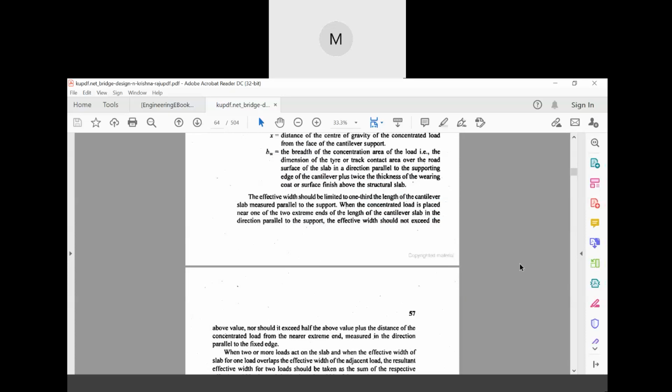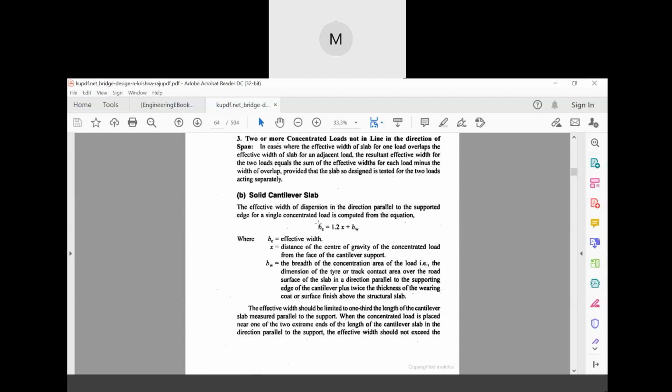These are conditions, but the main thing is that you have to remember BE equal to 1.2x plus BW. This is the formula that you have to remember. So now this is what it denotes for a solid cantilever slab.